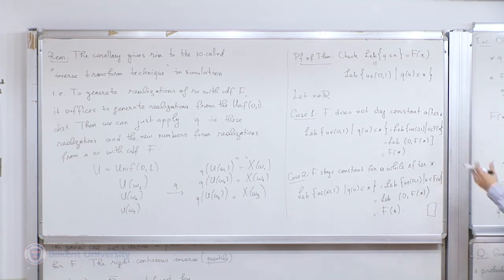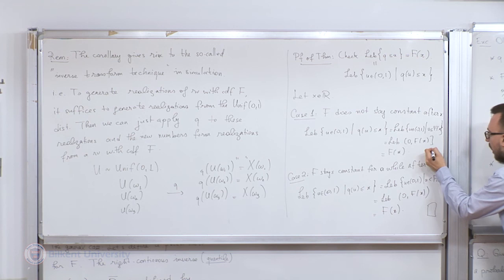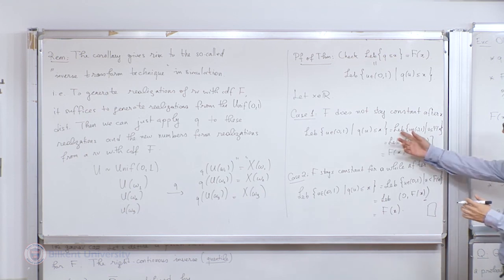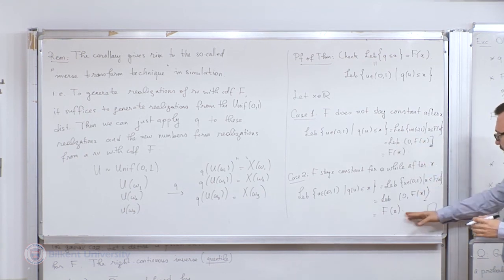So you always have the CDF of q is equal to F. The only issue here is whether you have equality or you don't. But for Lebesgue measure, this is just a singleton with 0 measure, so it doesn't change the end result.